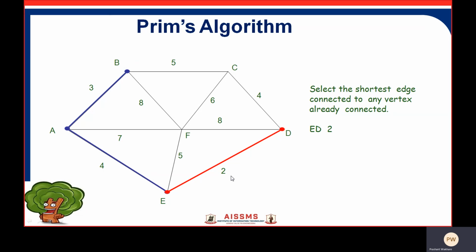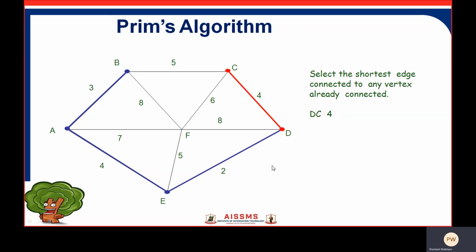Therefore we select the shortest edge connected to any vertex already connected, which is E to D, that is 2. Next, select the shortest edge connected to any vertex already connected, then we select D to C. This is the shortest edge connected to any vertex.